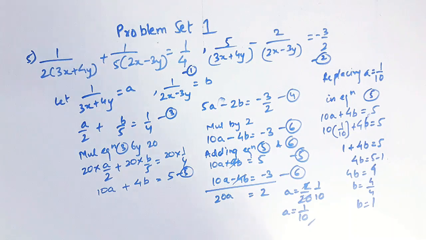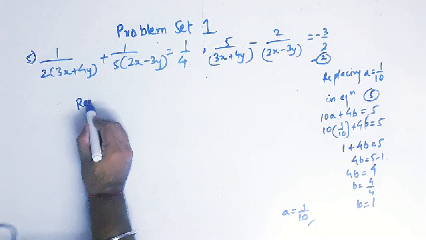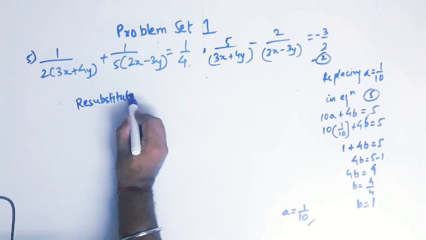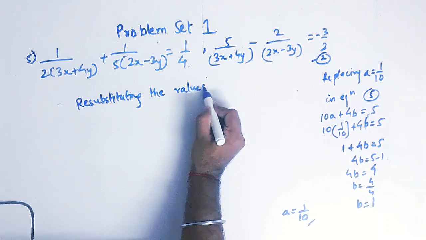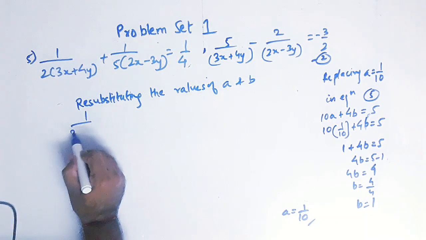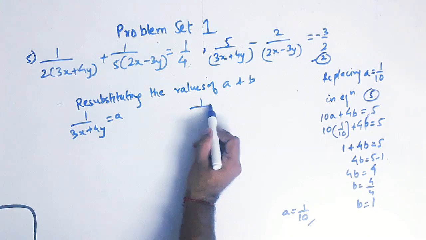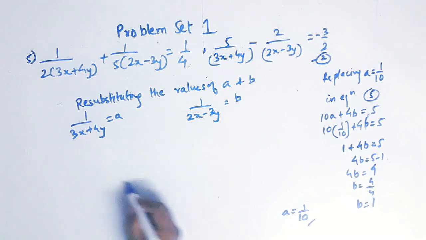Now students, resubstituting the values of a and b. We took 1 upon 3x plus 4y equals a and 1 upon 2x minus 3y equals b.